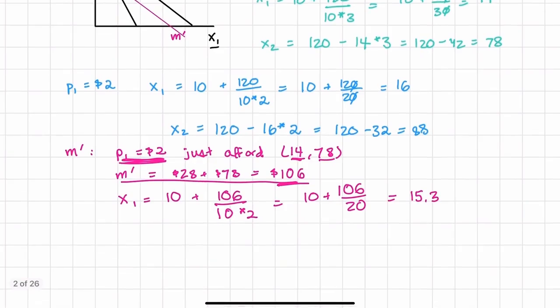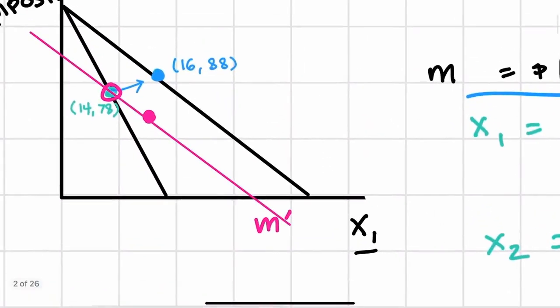And how much of good 2 do we have? That'll be our income, 106, minus our expenditure on good 1, which is 15.3 at a price of $2 per unit. 106 minus 15.3 times 2 comes out to be 75.4. So that's our point right here in pink: 15.3, 75.4.